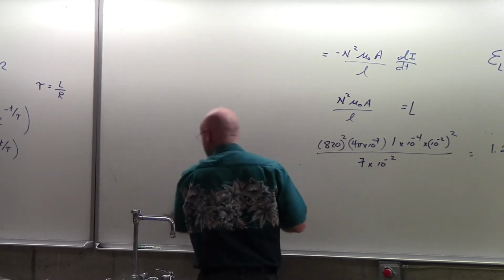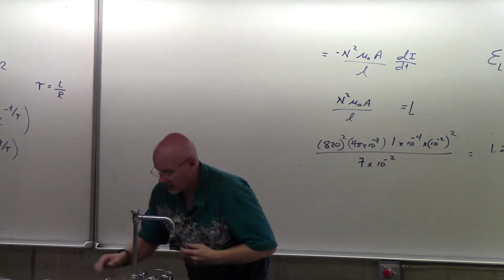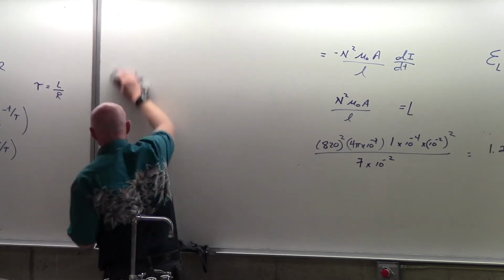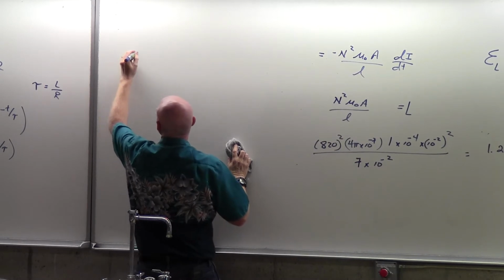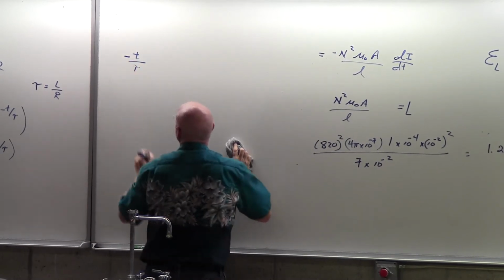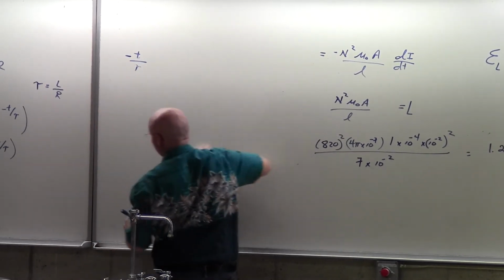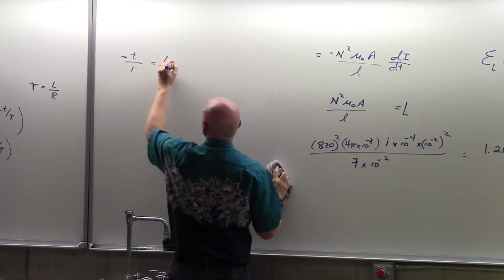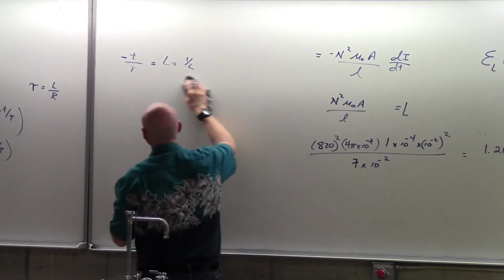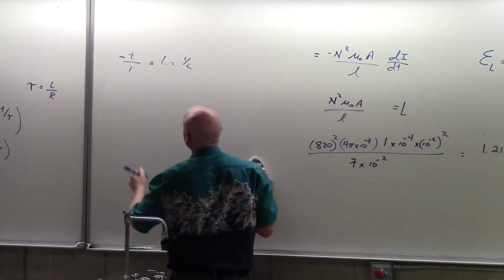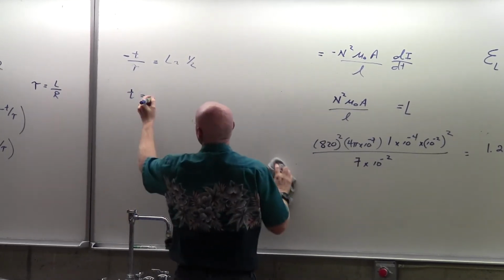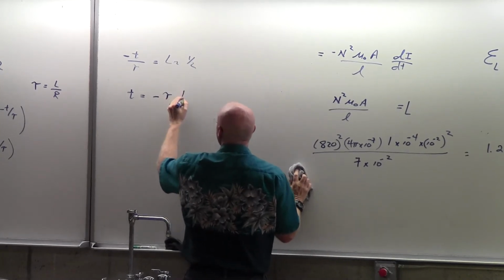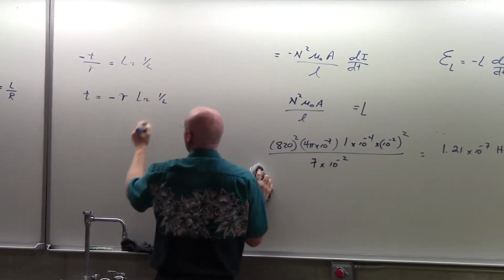And then I can now take the natural log of this. And so minus t over tau is then equal to the natural log of 1/2, or t equals negative tau natural log of 1/2.